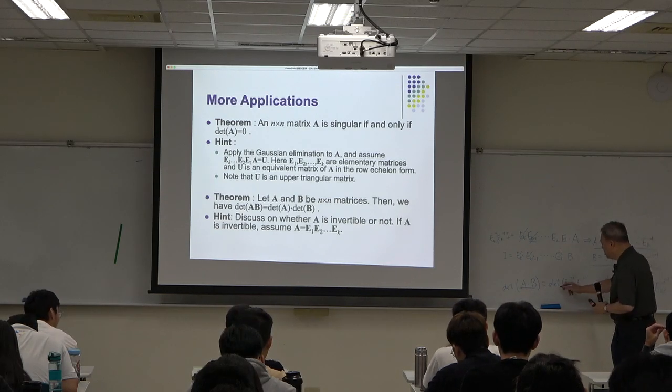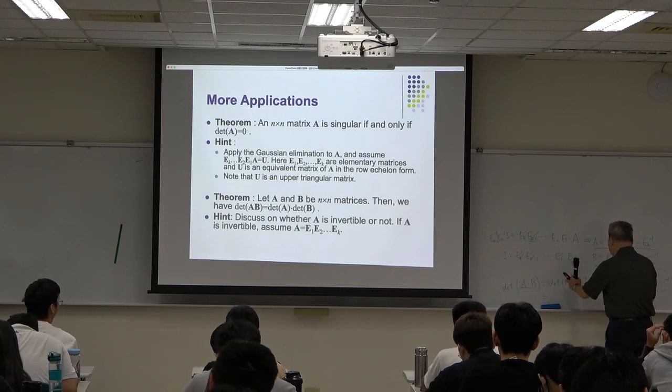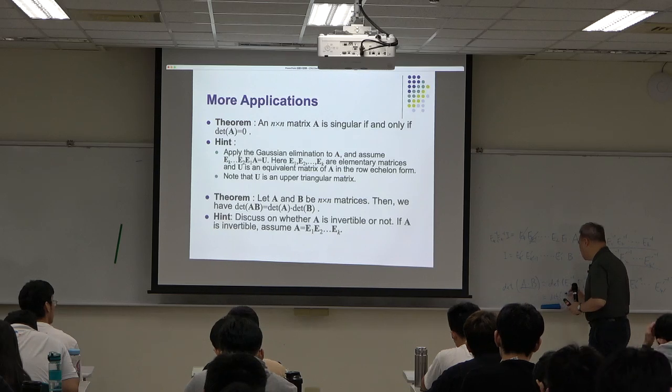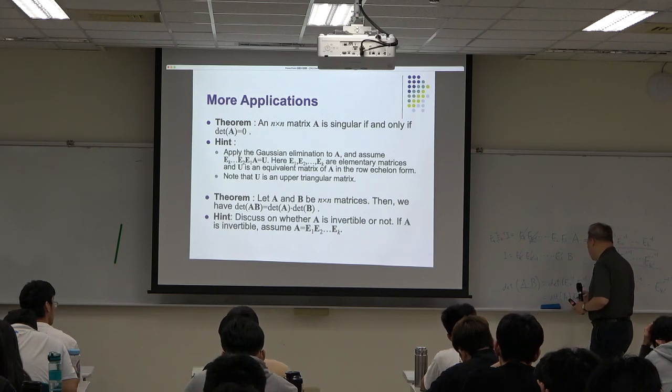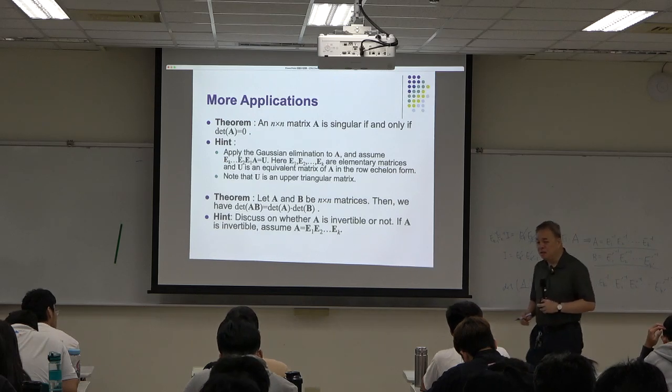And each of them can be written separately. So it's going to be determinant of A, determinant of B.